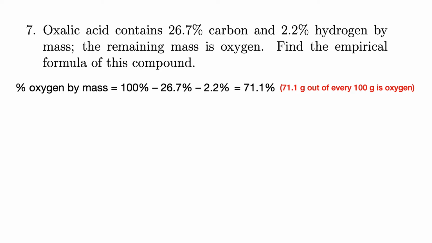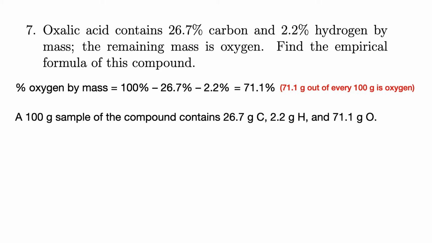And so this means that if we had 100 grams of our compound, it would contain 26.7 grams of carbon, 2.2 grams of hydrogen, and 71.1 grams of oxygen. Then converting these grams into moles of the 3 elements, 26.7 grams of carbon, to turn that into moles, we put in the atomic mass of carbon, 12.011 grams is 1 mole.